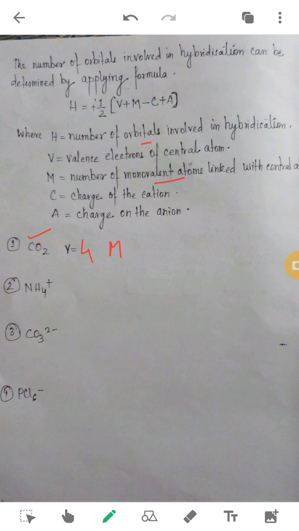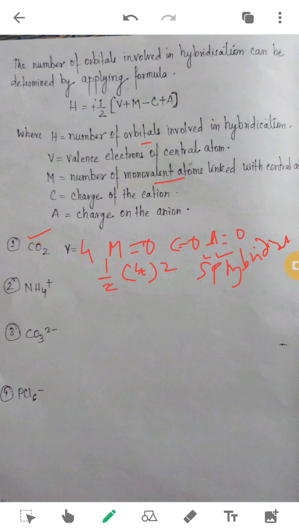M equals 0 here. C equals 0 because it's not a cation, and A equals 0 because it's not an anion. Now half of 4 is 2, right? So you start from s and then p. So you have 2 hybrid orbitals, and the central carbon in CO2 undergoes sp hybridization.